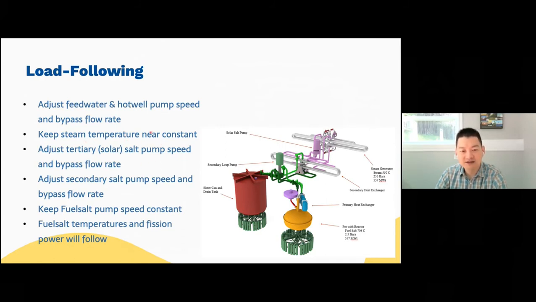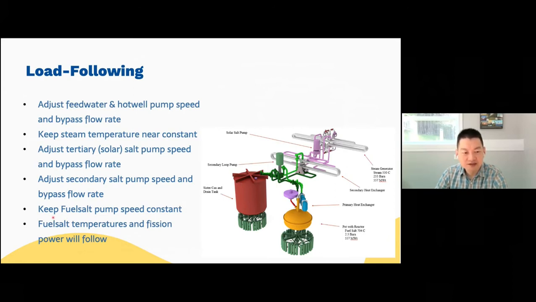And to match that, we adjust the tertiary or solar salt pump speed and bypass. So again, we adjust the flow rate to match the steam cycle. And then we adjust the secondary salt pump speed and bypass flow rate to match the solar salt loop, or the tertiary salt loop.